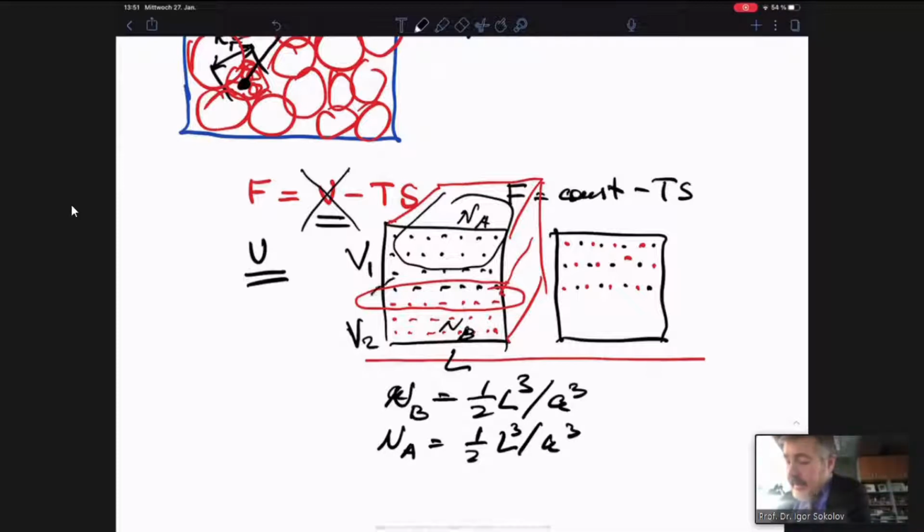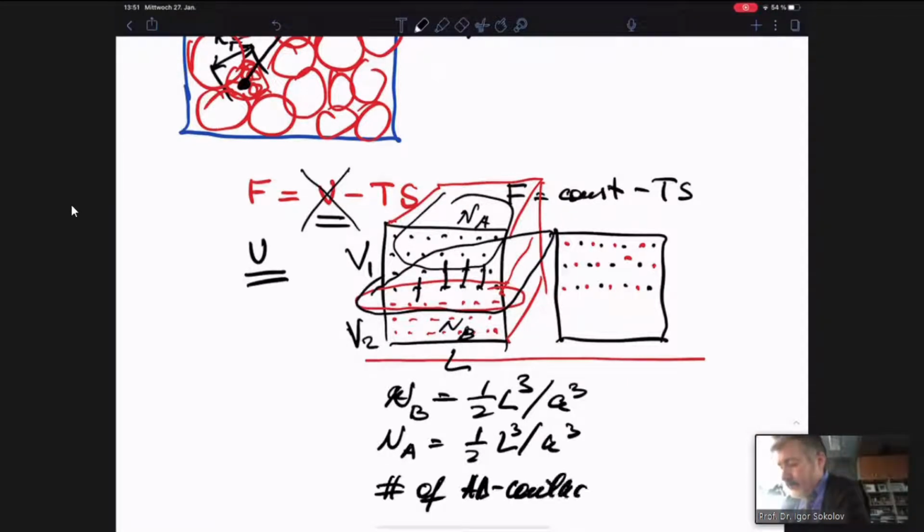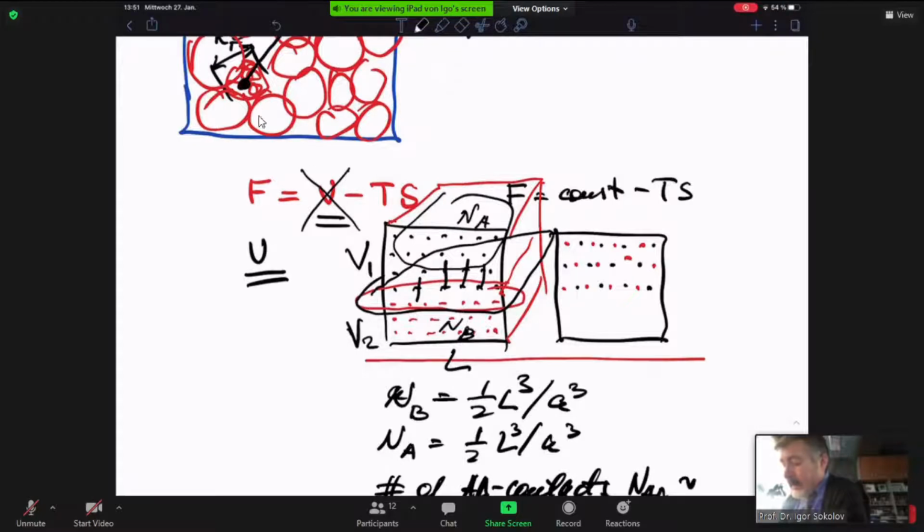And the number of contacts with the atoms of the other type, all these contacts are only on the surface. And the number of contacts in AB will be of the order of L squared divided by a squared.